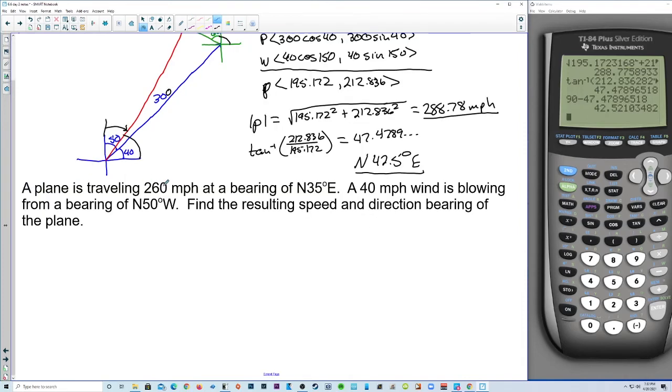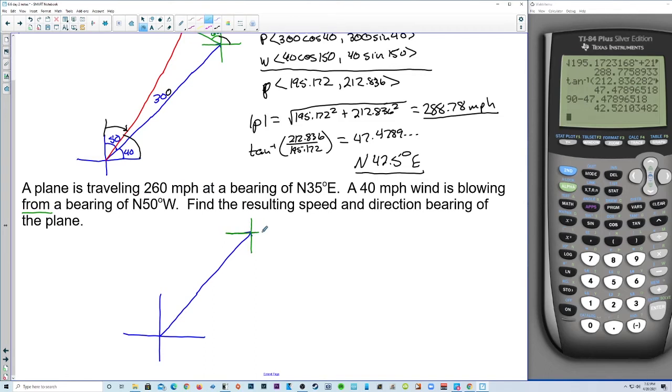A plane is traveling 260 miles per hour at a bearing of north 35 degrees east. So 35 degrees, that's more like 40. That's all right. It doesn't really matter how we draw these, as long as it's close. A 40 mile per hour wind is blowing from a bearing of north 50 degrees west.